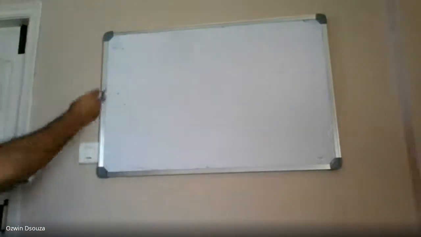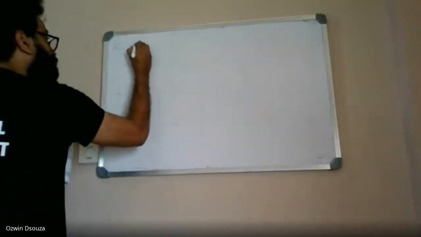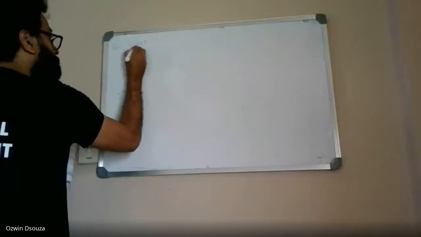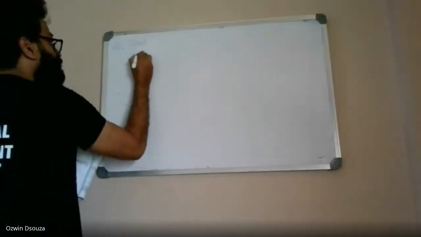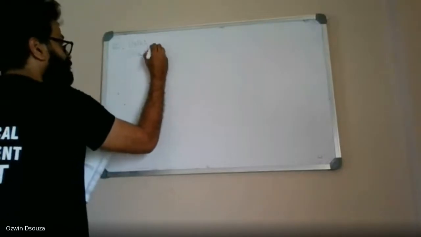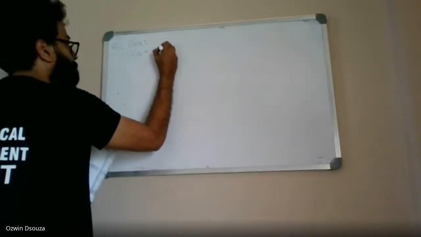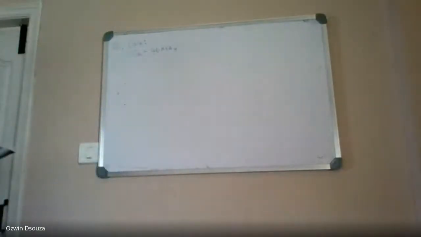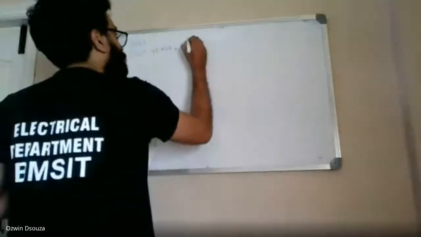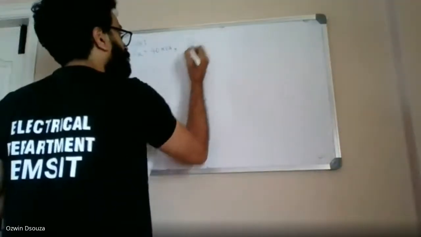So let me collect the data from the first statement. 40 kVA transformer, so full load kVA, SFL, is 40 kilovolt ampere. Has a core loss of 450. What do you mean by core loss? Core loss is nothing but iron loss.